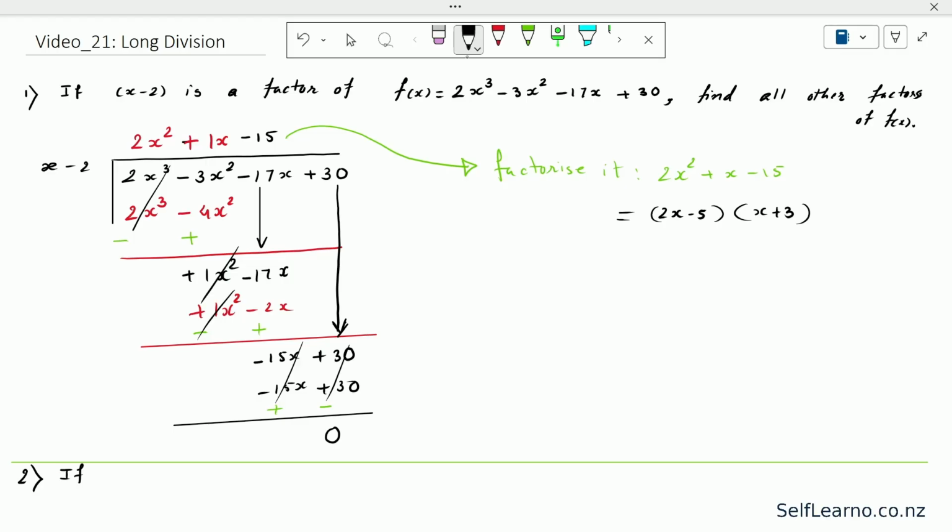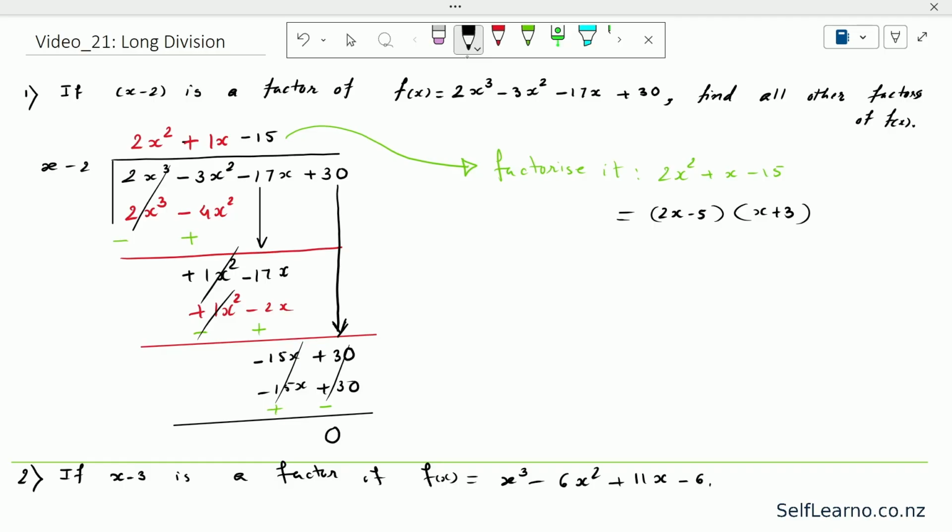If x minus 3 is a factor of f of x equal to x cubed minus 6x square plus 11x minus 6.